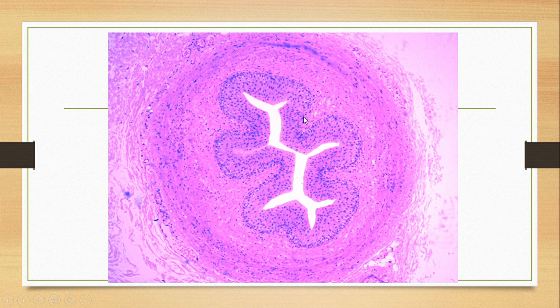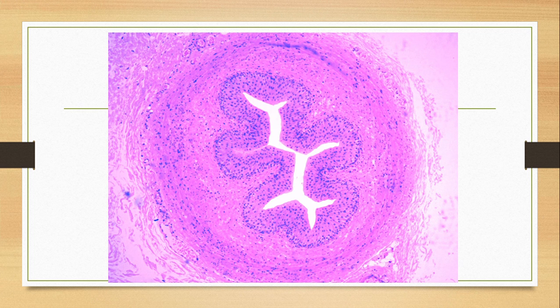We have studied the lining epithelium of urinary structures as urothelium or transitional epithelium. When we studied epithelium, we learned transitional epithelium, which forms 5 to 6 layers.